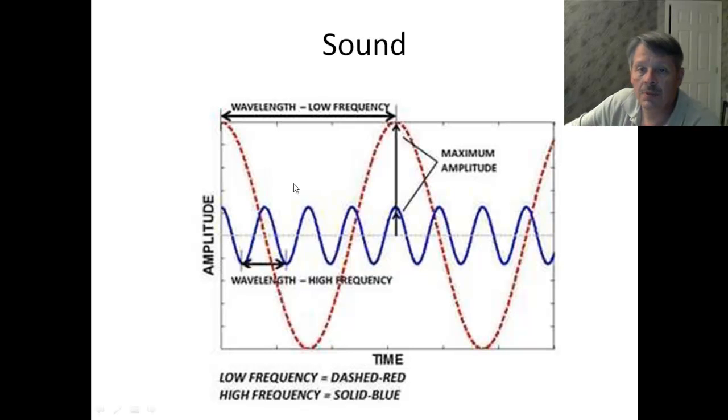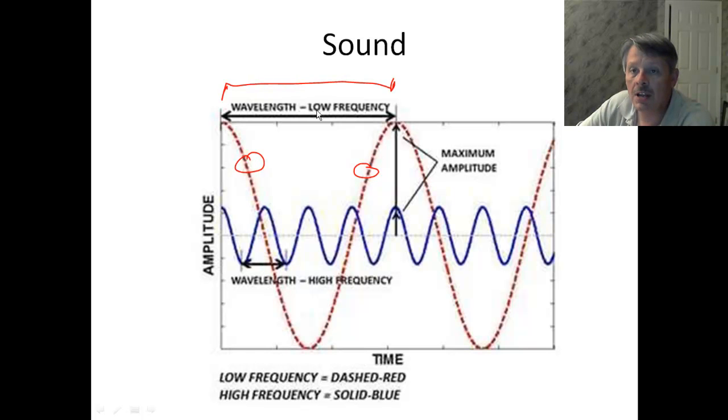All right. So if I have something like this red line over here, this one over here has a very long wavelength, and hence it has a low frequency. Whereas this wave has a very short wavelength, and hence will hit you very, very often and has a high frequency.